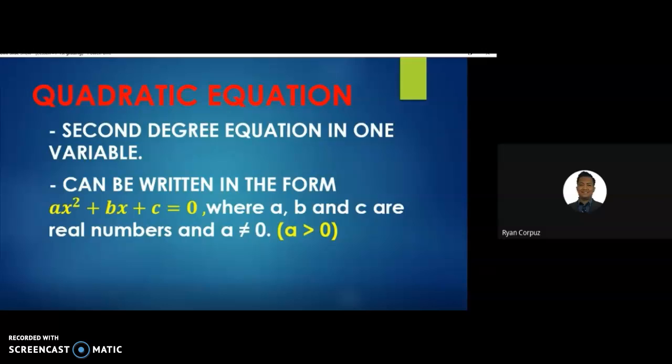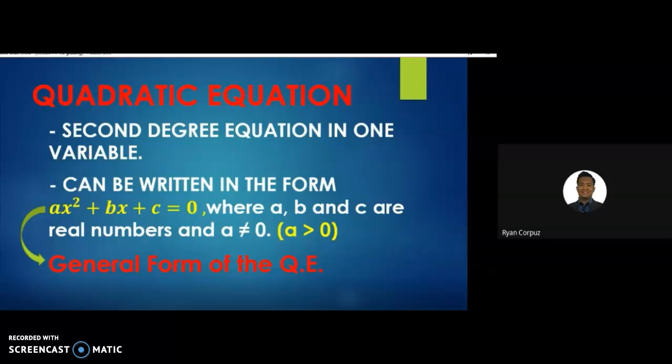To come up with a quadratic equation, your a should be greater than 0. In the equation ax squared plus bx plus c is equal to 0, that is what we call the general form of the quadratic equation.